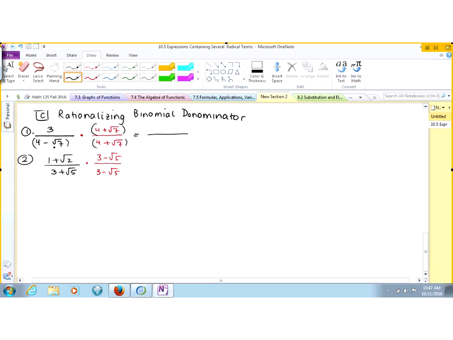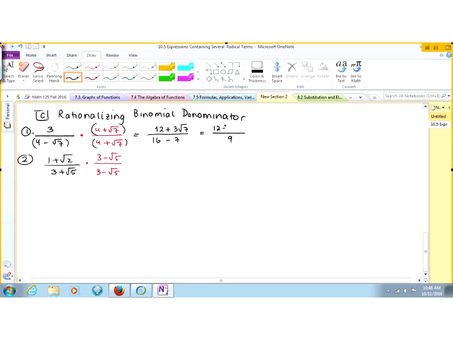Okay, so when I multiply, what happens here? Which ones cancel? The radicals, only the first and the last. So what is the first? 4 times 4, that is 16, minus square root of 7 times square root of 7, that is minus 7. So what is 16 minus 7? 9. Yes. And what do we have on top? 12 plus 3 square root of 7.